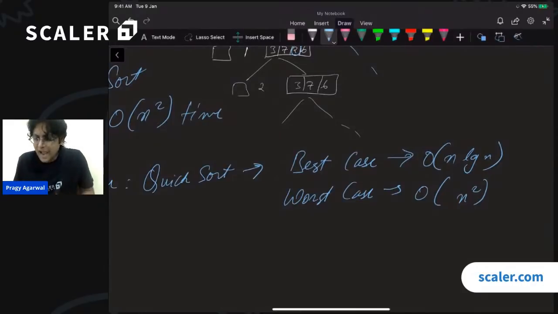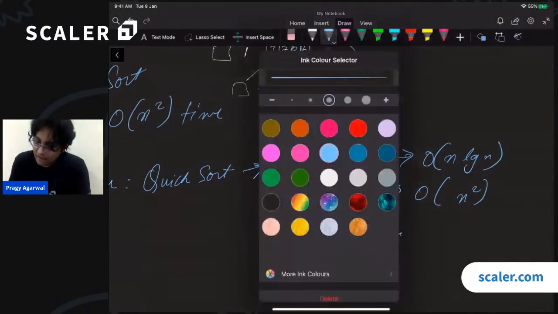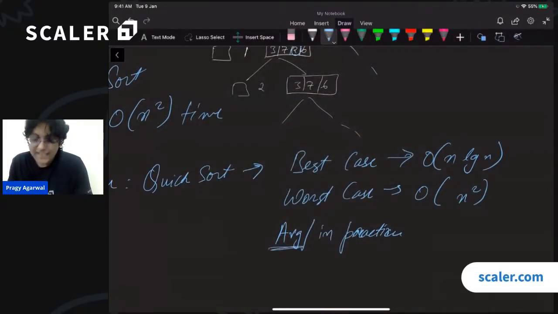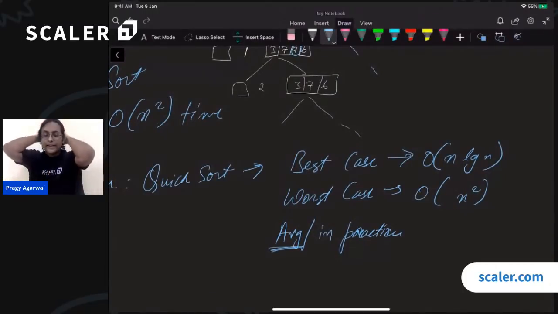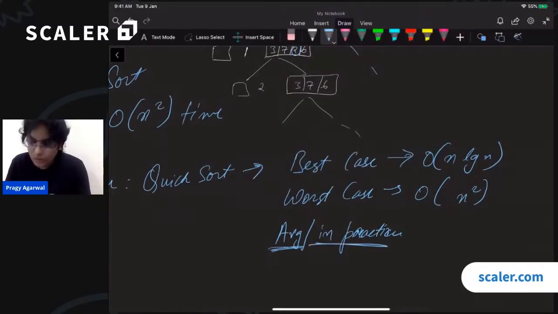And what really happens in practice? Now, average does not really mean in practice. The average case has a mathematical definition. We calculate the time over a certain number of operations, over a given pattern of input. But let us consider that we are talking about in practice.